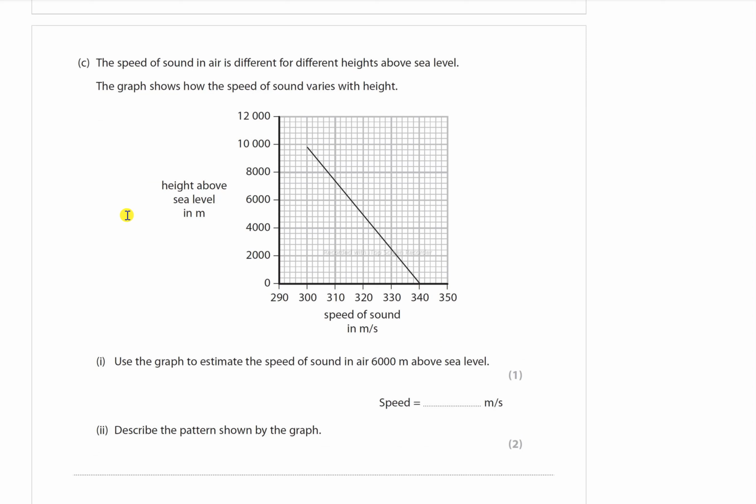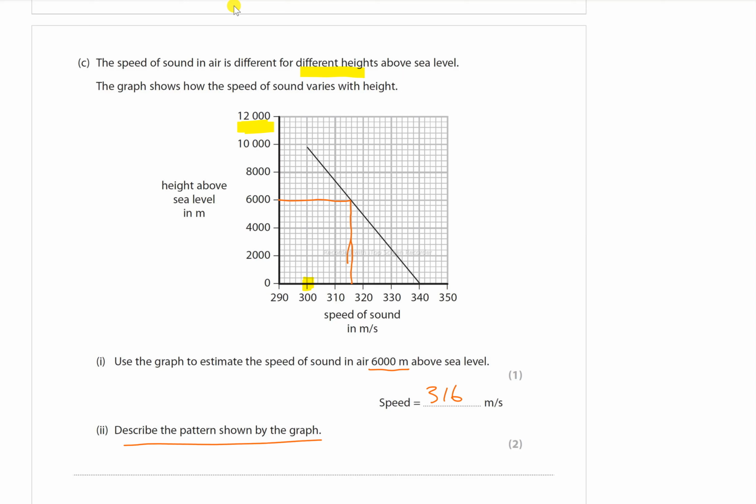Right, the speed of sound in air is different for different heights. So the further up you are, the slower the speed of sound. So what we do is we want to estimate that at 6,000. Get a ruler, go across, down to there. So it's 316 meters per second.